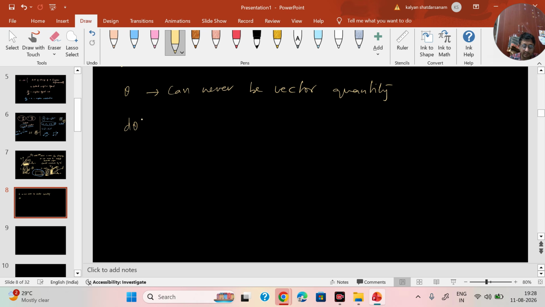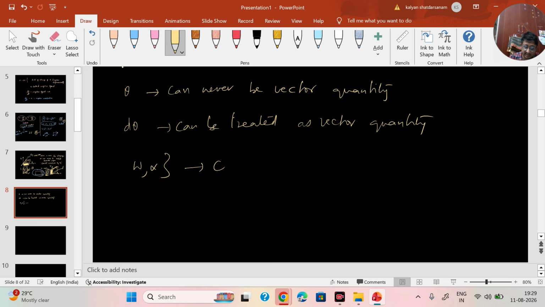d theta can be treated as a vector, can be treated as a vector quantity. What about omega, alpha? Again, they are scalars, but they can be treated as vector quantities.